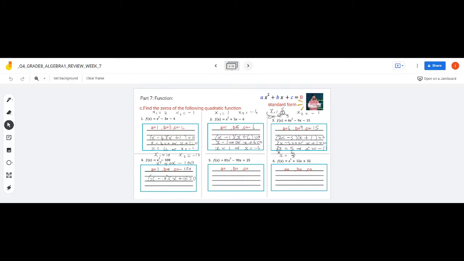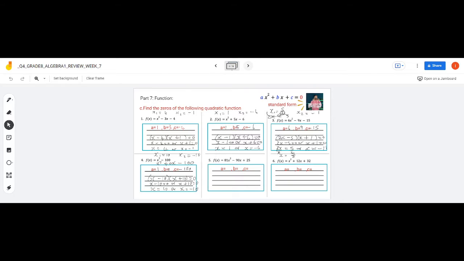So now we have x minus 10 equals to 0, or x plus 10 equal to 0, x equals to 10, or x equals to -10.